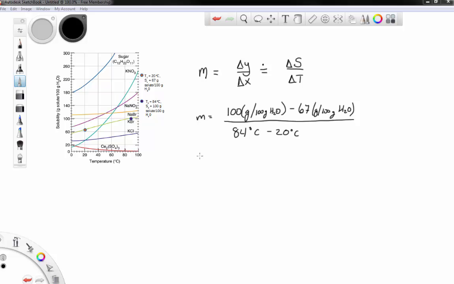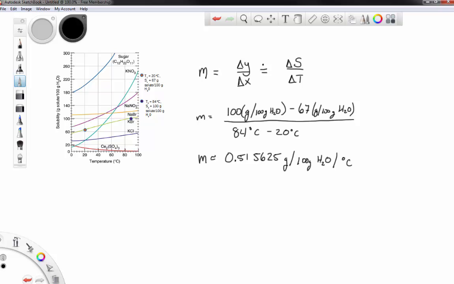So m is approximately 0.515625 grams per 100 grams of water per degree Celsius. So those are the bizarre, I will admit, looking units of our slope.